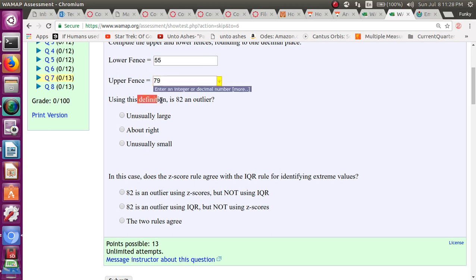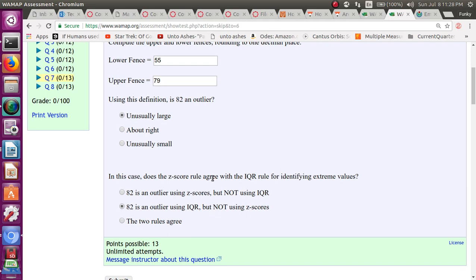Okay. Using this definition, is 82 an outlier? Any number bigger than 79 would be an outlier, and any number smaller than 55 would be an outlier. Since 82 is bigger, that means it is unusually large. In this case, do the two rules agree? Well, the z-score, if you might recall, for 82 was 1.7. It was not considered extreme. So 82 is an outlier using IQR, but not using z-scores.